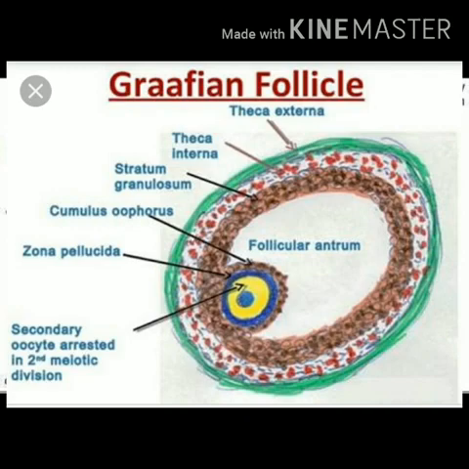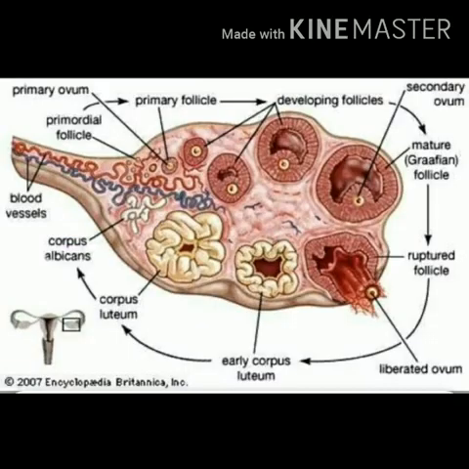Secondary follicle grows into Graafian follicle by addition of more follicular cells, as you can see in the diagram given in the video. The Graafian follicle presses against the thin wall of the ovary, giving it a blister appearance so that it comes out from the ovary.